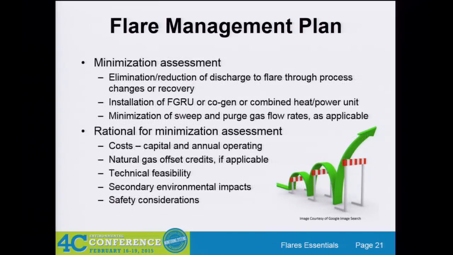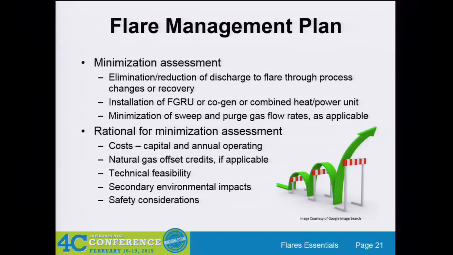Okay, minimization assessment. This is part of the process that really takes a good bit of time. The FMP, or the rule, was sort of specific, but not very specific, on how this assessment is supposed to be done. They listed these items here for things that need to be assessed. One is source reduction.